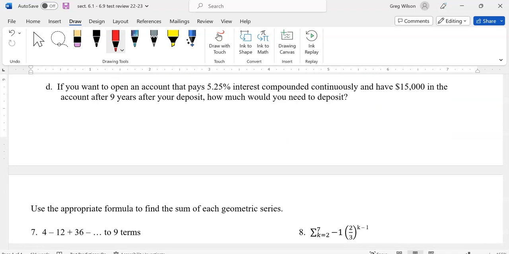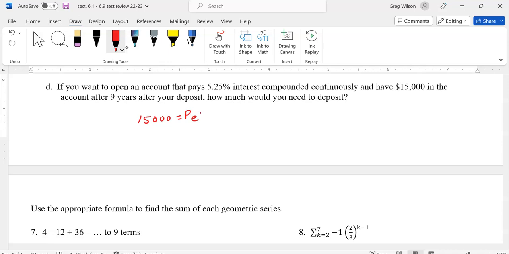And then finally, if we want to open an account that pays 5 1/4% interest compounded continuously, we want to have 15,000 in the account. How much are we going to need to deposit? Well, that's what P represents in this formula.